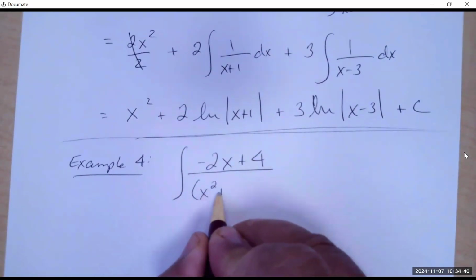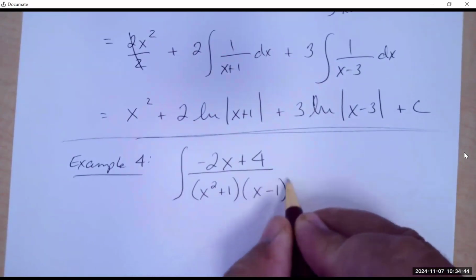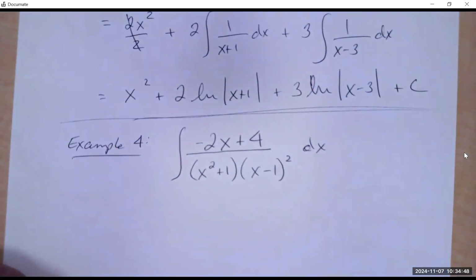Because now our denominator has been factored out into two separate parts. One's an irreducible quadratic, and one of them is an exponentiated linear factor.